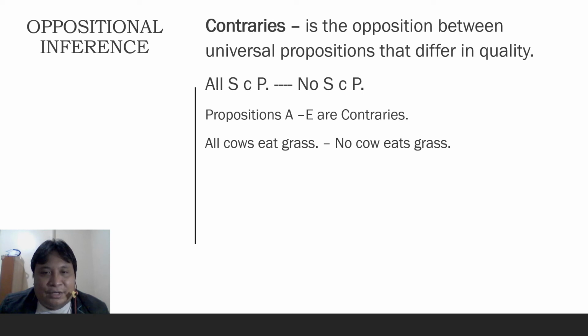All S copula P to no S copula P. Propositions A and E, or E and A, are contraries. All cows eat grass. On the contrary, no cow eats grass.